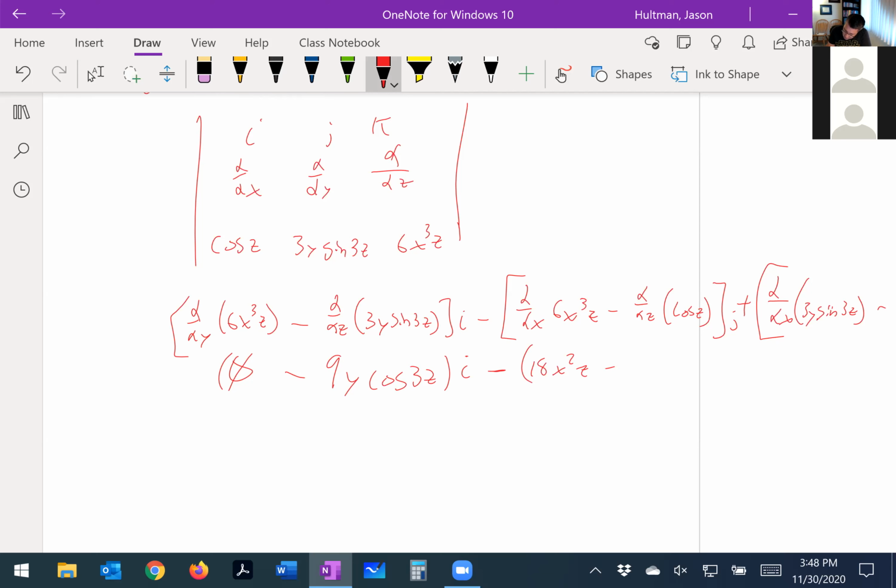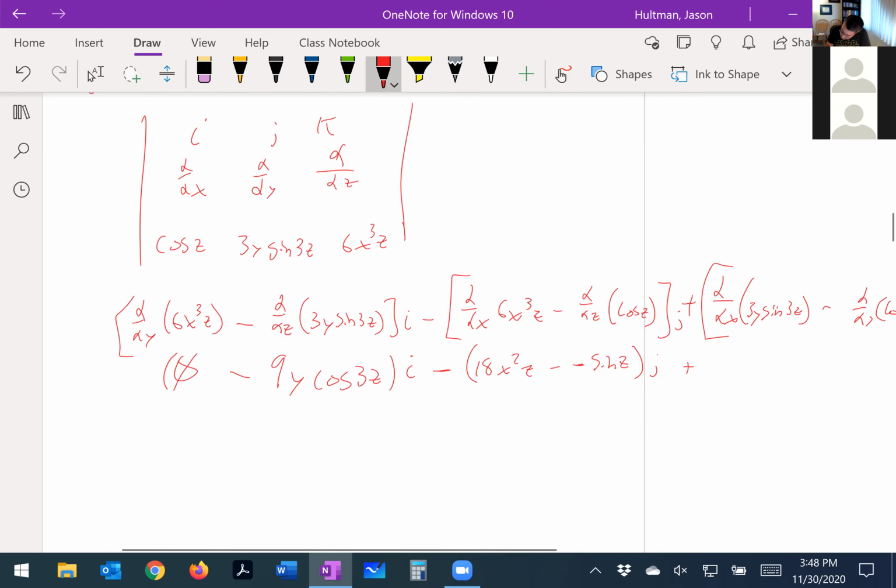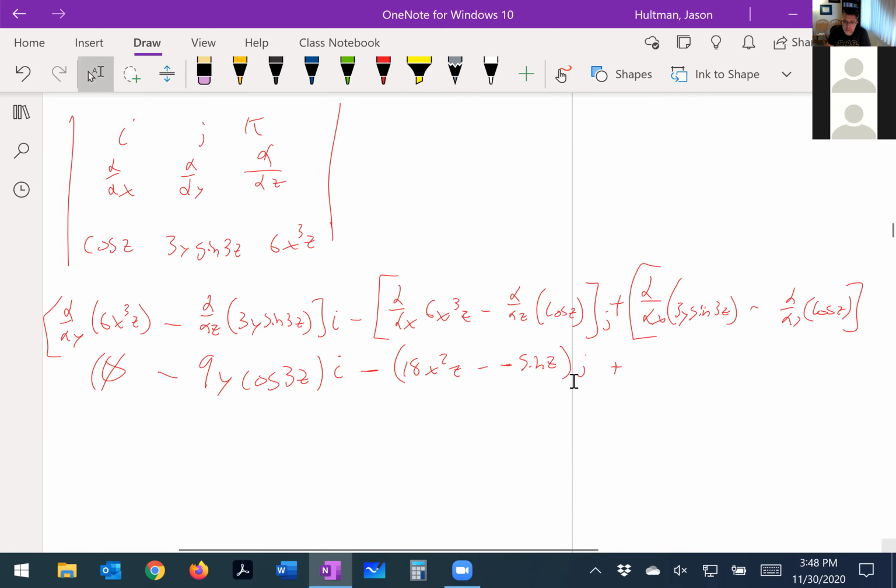Minus, the derivative of cosine is negative sine. So this is negative sine z j, plus d dx of 3y sine 3z, well, that's just 0.